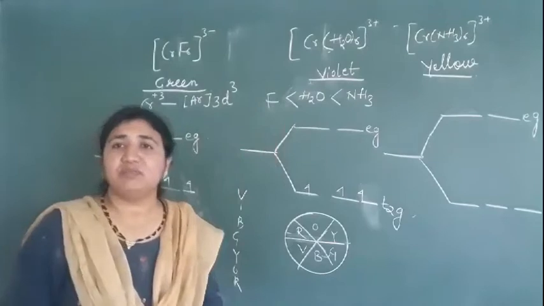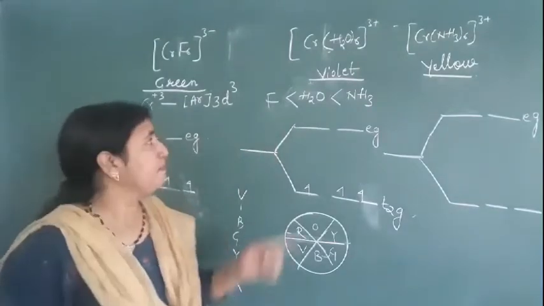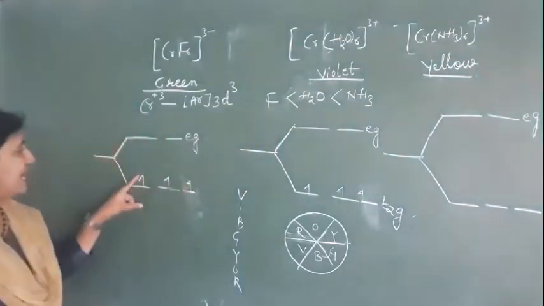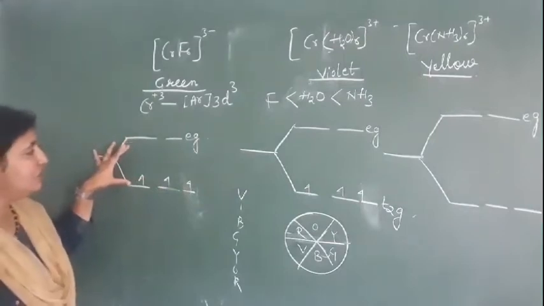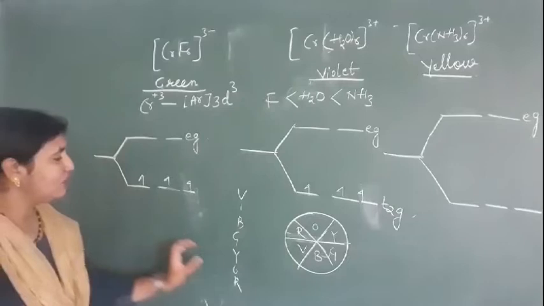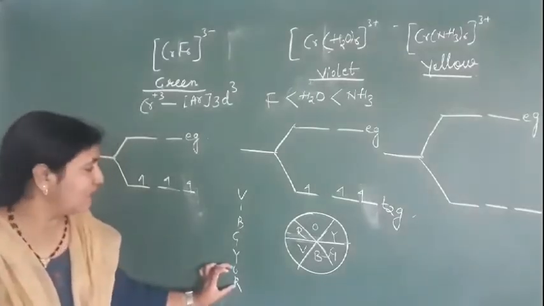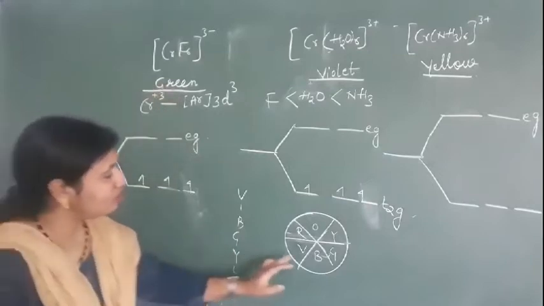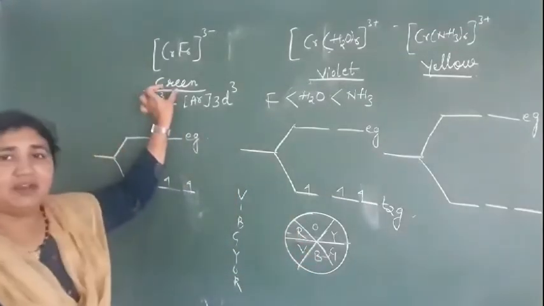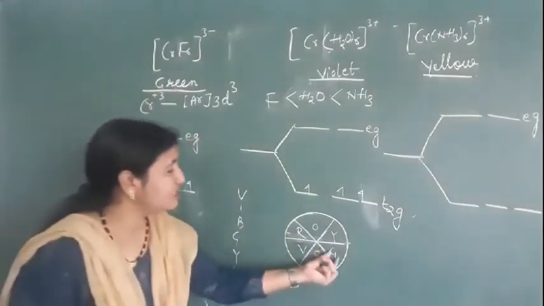Now their crystal field splitting value will be different. Because fluoro is a weak field ligand, the delta O value will be low. So due to that, they will absorb the low energy wavelength. The color here is green. Green is the complementary color we are seeing, so which color will they absorb?